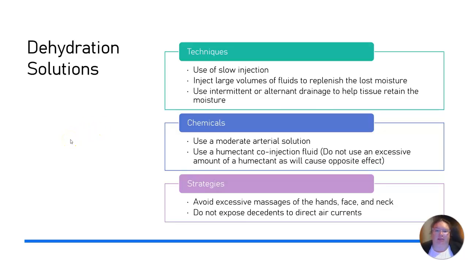Use a moderate arterial solution for our chemicals, and maybe the use of a humectant co-injection fluid. Do not use an excessive amount of humectants because it will typically cause the opposite effect. So for strategies, avoid excessive massages of the hands and neck, and do not expose decedents to direct air currents if you can help it.